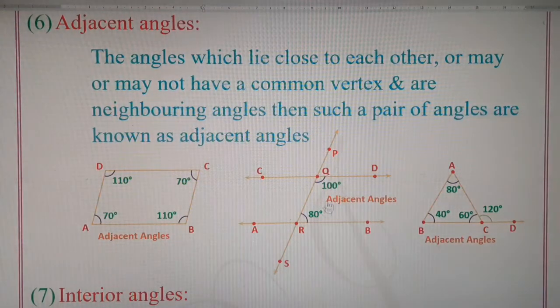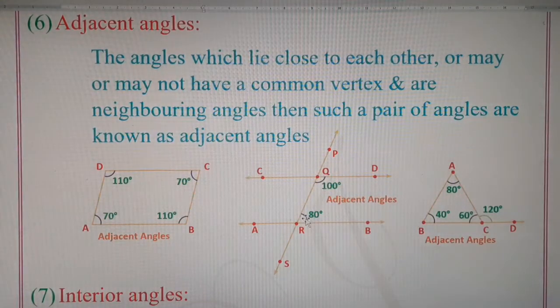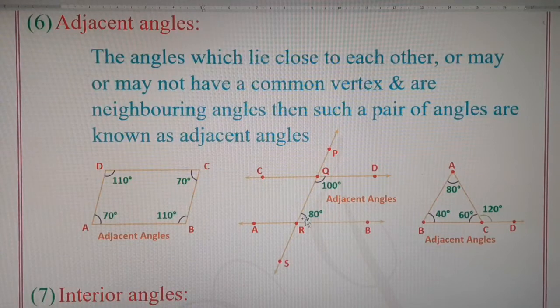Similarly, for two parallel lines and its transversal line PS, we can say angle DQR and angle BRQ are adjacent angles. They are nearby angles or neighboring angles, but they also form an angle pair known as co-interior angles. So we can say co-interior angles are adjacent angles or neighboring angles. For parallel lines, we also have to remember that co-interior angles are supplementary.